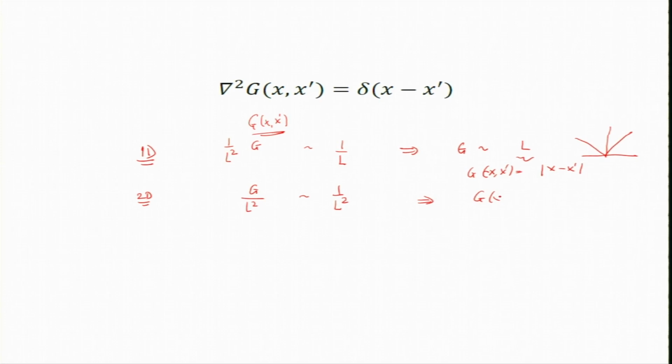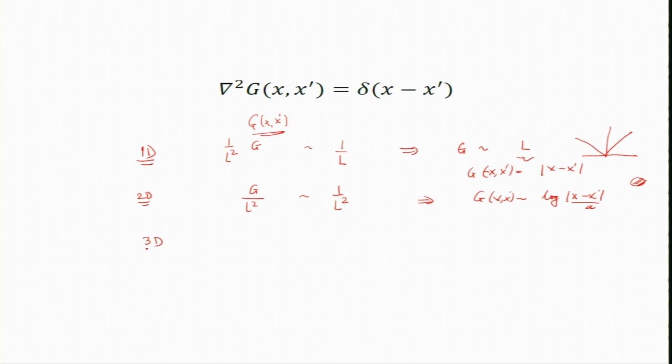So, G(x, x prime) is log of |x minus x prime|. By the way, please note that it is divided by some distance, the size of the source, so some nondimensionalization is done. But log has no dimension, it is in fact L to the 0, so this is indeed constant.